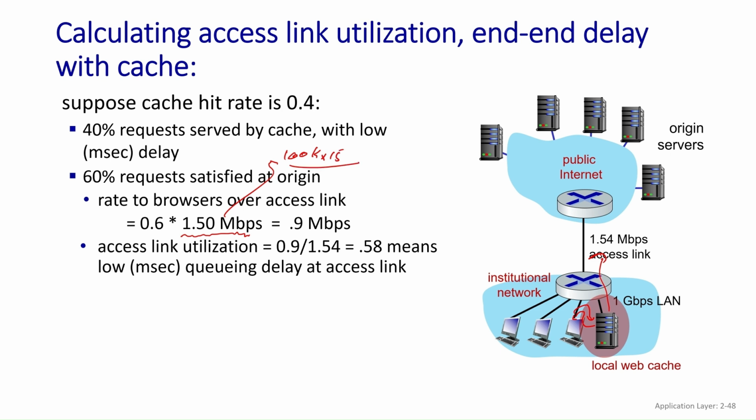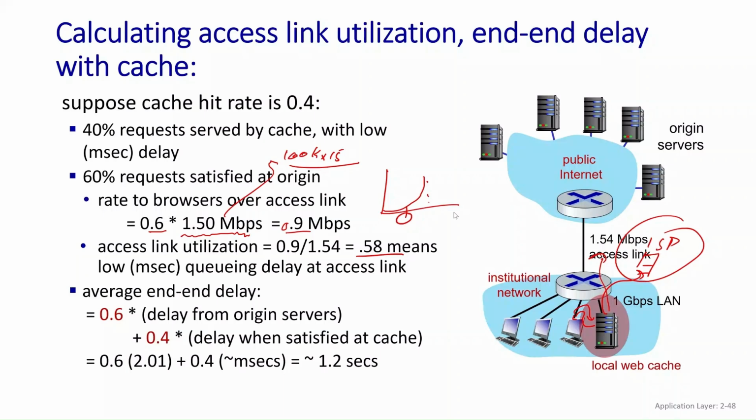And now we are not sending the whole rate out of the access link, because we are sending only 60% of such requests. So I'll multiply it with the miss ratio, which is 0.6. And now the rate has decreased to 0.9 megabits per second. There we go.